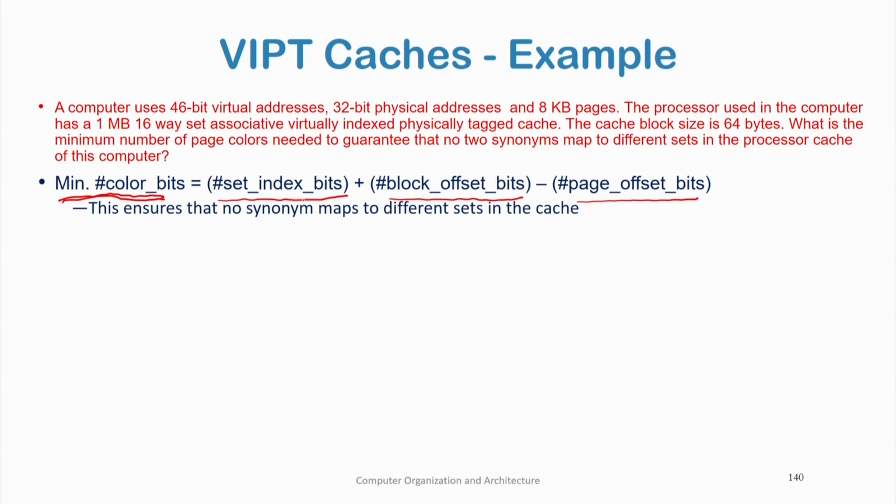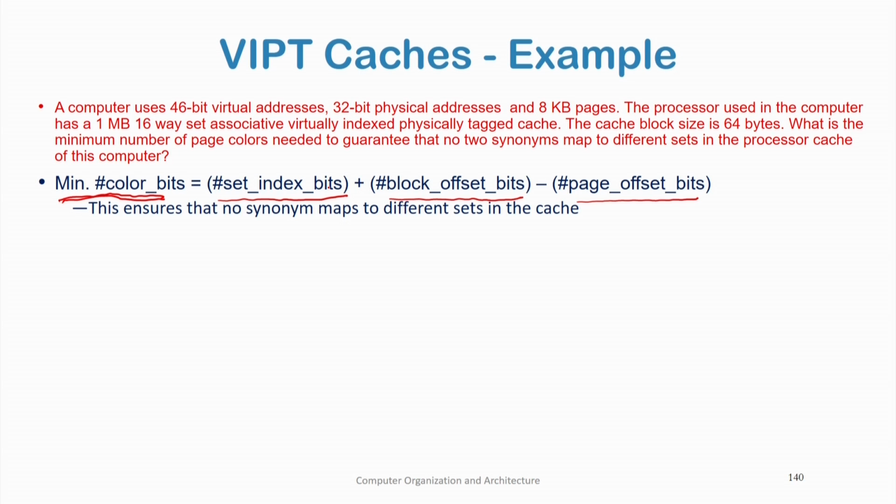The number of bits required to index a set in the cache, that is, the number of bits that will be required to identify an individual set in the cache.